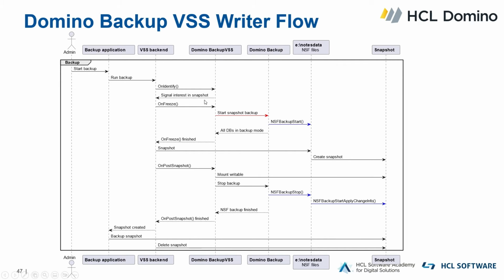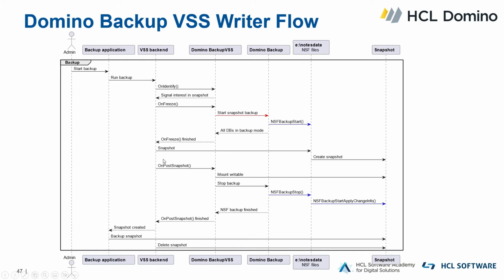And if a writer signals that it wants to participate, it will be called in an on-freeze event. The on-freeze event will then invoke the Domino backup server task, which will use the backup API to start a backup on all the databases here. And then it will report back that everything is frozen.